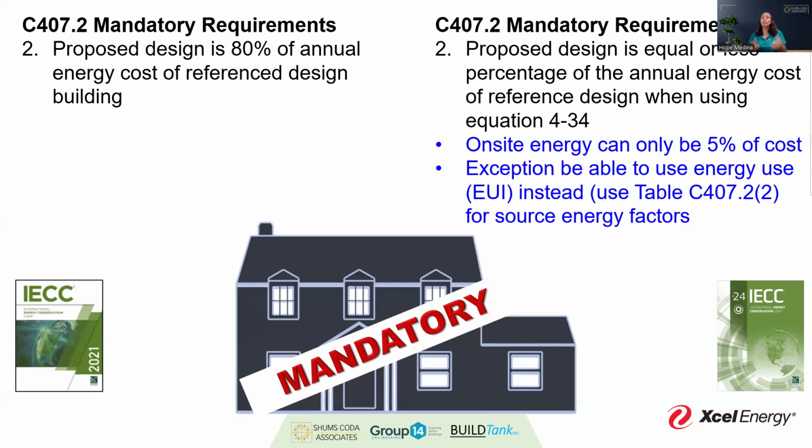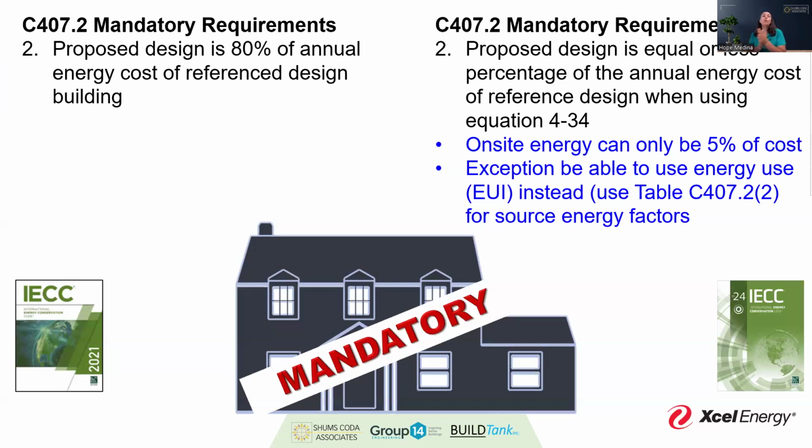So to ensure that all of our compliance paths are as equal as humanly possible, the way that they were able to offset that is requiring that you demonstrate that you're 20% better than what the base code would be, because they've equated that the additional efficiency requirements are about 15 to 20% better than just base code.